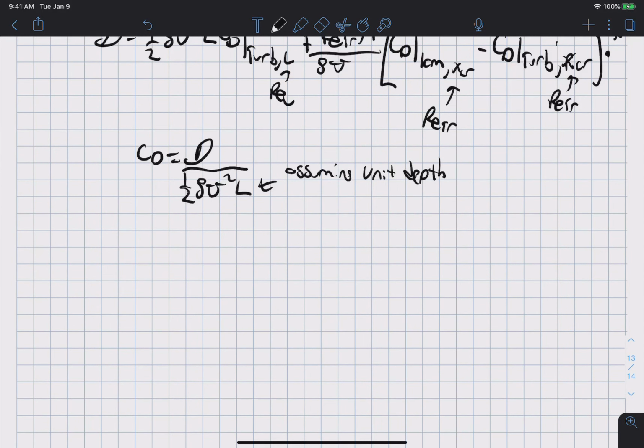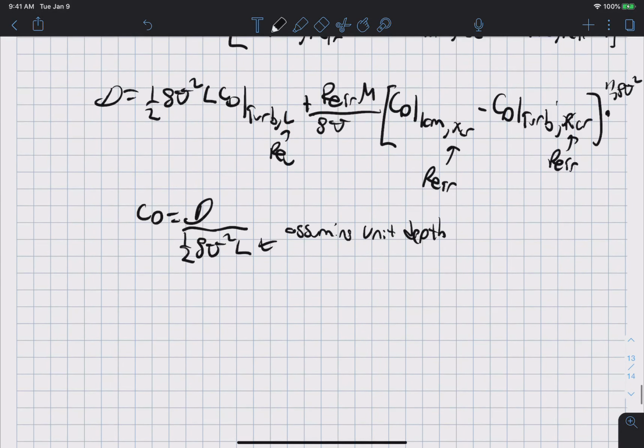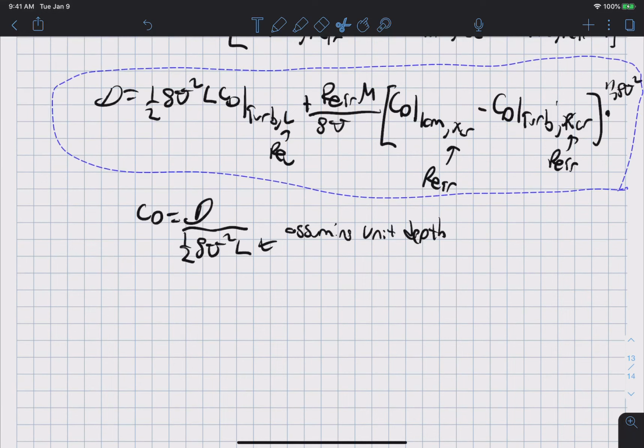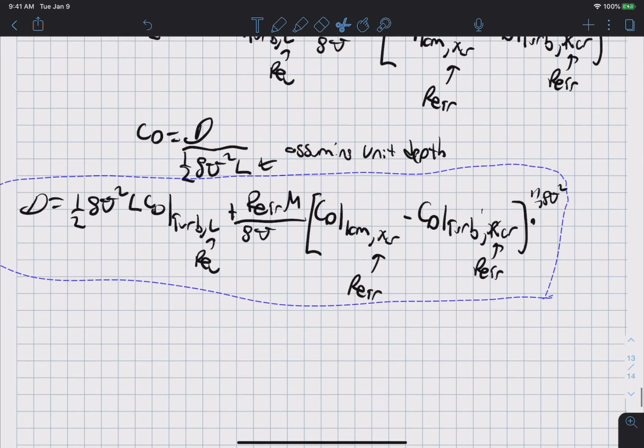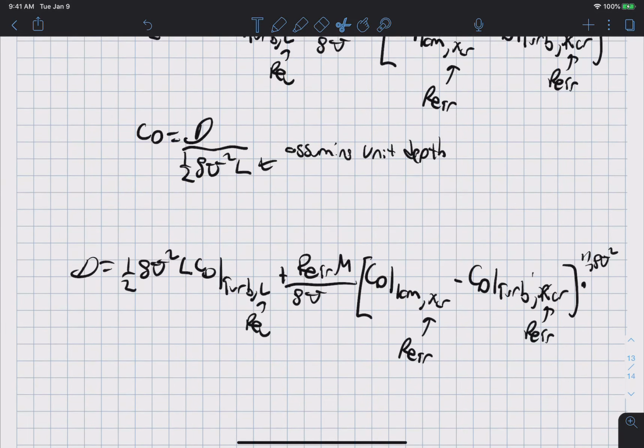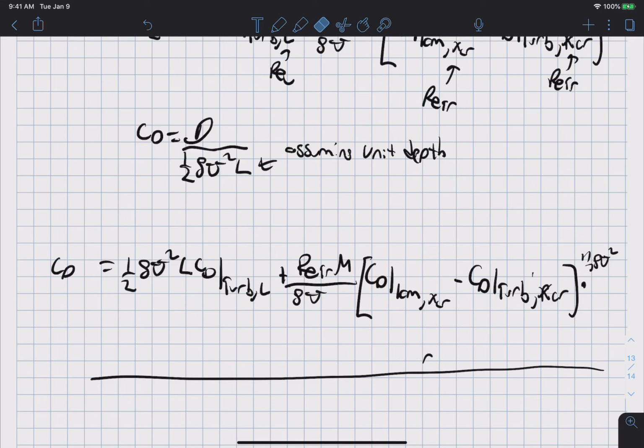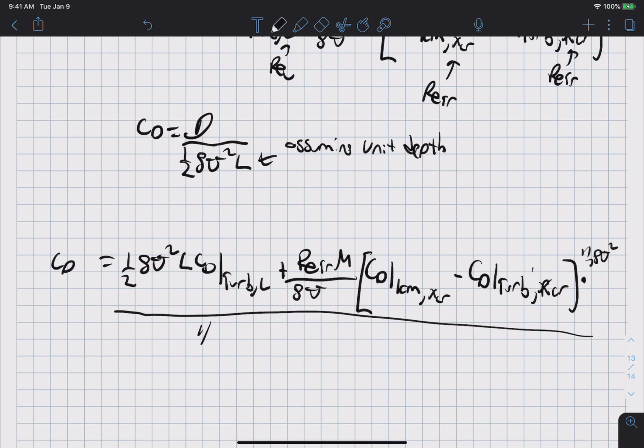Then, doing that, for the drag coefficient, I'm going to take this whole thing and just copy it. Then CD equals this entire thing. I'm going to get rid of these. Divided by 1/2 rho U squared.